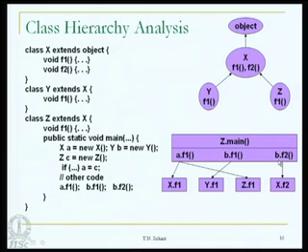And B dot F2 is always X dot F2, because B is an object of type Y and Y does not have F2. So, it always resolves to the F2 of class X.